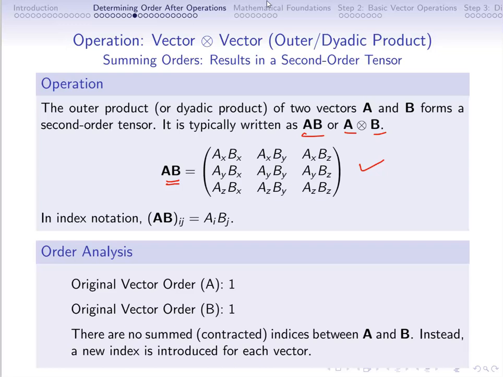The order of a is 1 and the order of b is 1. As there is no sign, 1 plus 1 is 2, which means a tensor. There is no sum over contracted indices between a and b. Instead, a new index is introduced for each vector, so it is nothing but a tensor.